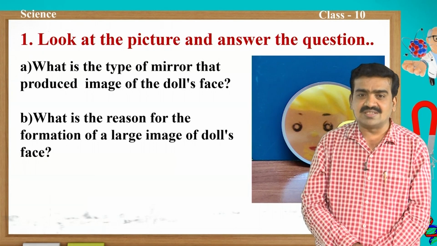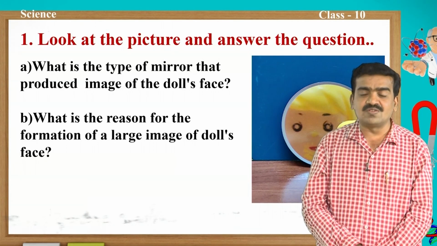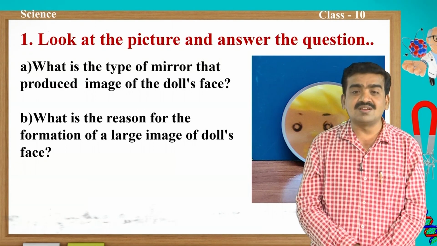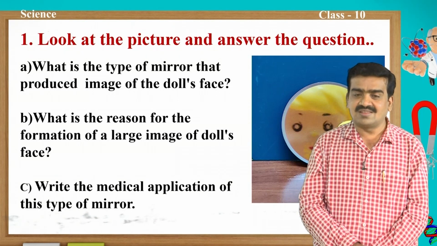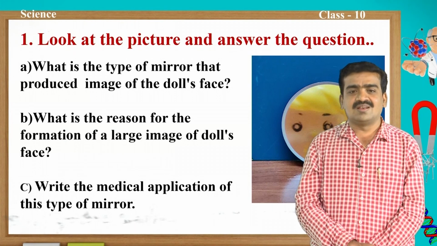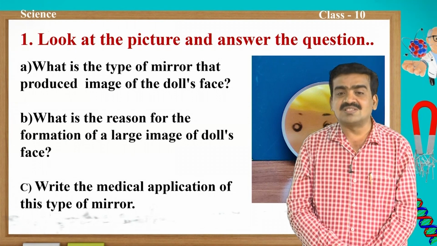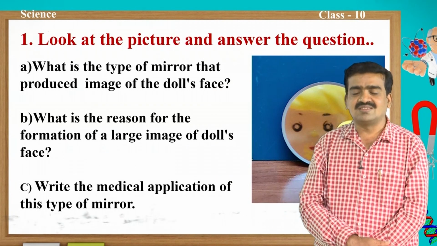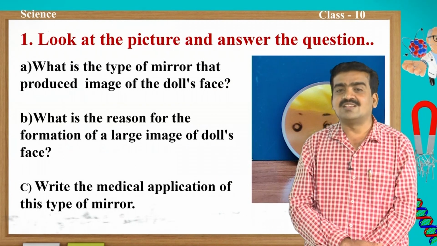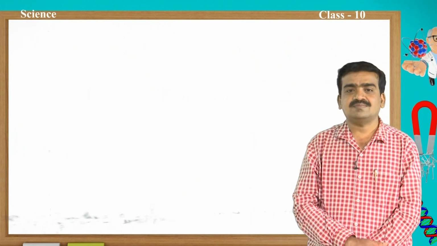B. What is the reason for the formation of a large or enlarged image of the doll's face? C. Write the medical applications of this type of mirror. You have to answer these 3 questions just by recalling the concepts we have learned today.